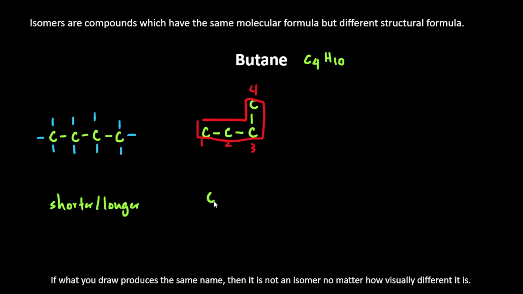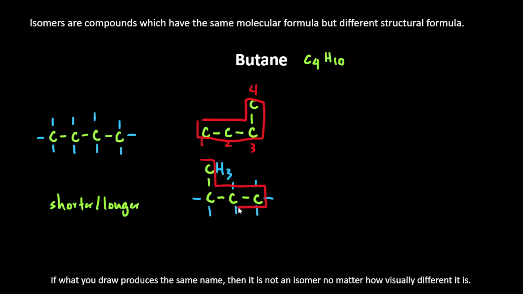Okay, let me try this one. 1, 2, 3. I'm going to put it here. Then, yes, you can add in your hydrogen as this is going to be H3. There will be 1, 2, 3, 4, 5, 6, 7 plus 3, so it's 10, C4H10. But my longest chain is still this one, right?